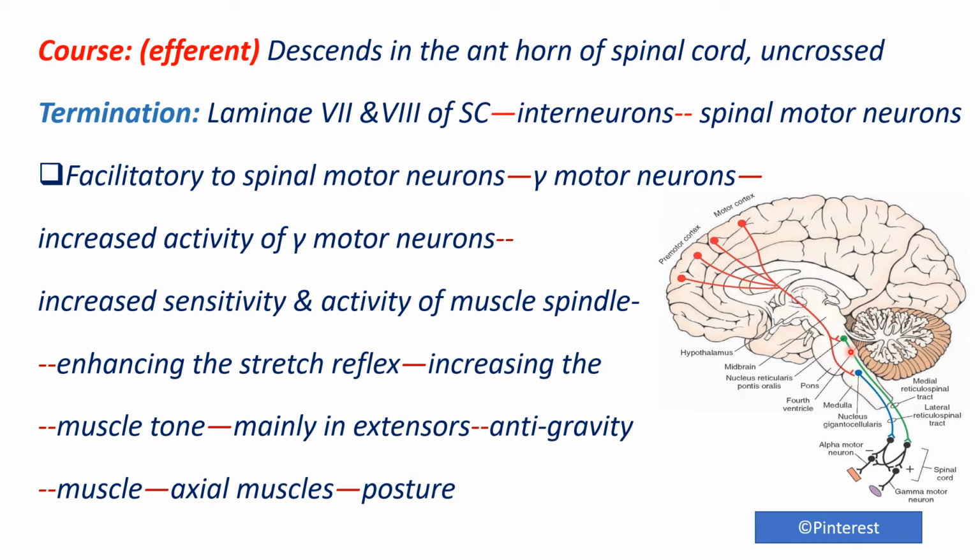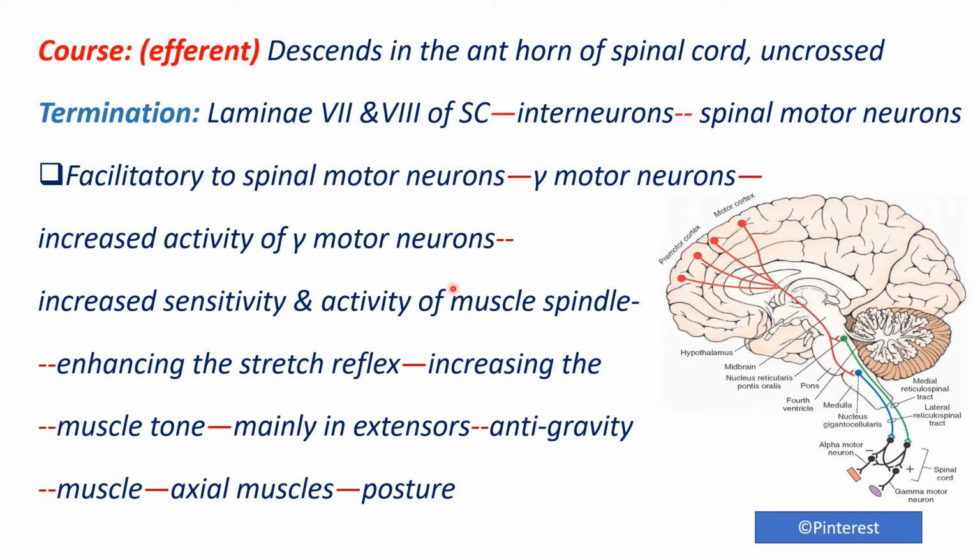Mainly they descend in the anterior horn of the spinal cord uncrossed. Termination is in laminae 7 and 8 of the spinal cord. They terminate in interneurons, and from the interneurons they modulate the function of the spinal motor neurons, mainly the gamma motor neurons. The name itself guides you that this will facilitate.